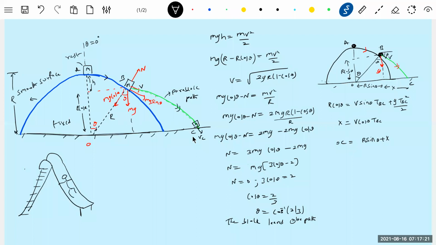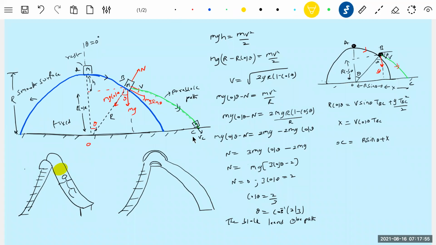So how the curvature, by chance, if the same slide is like this, this is the slide. I think everyone knows this is a slide.